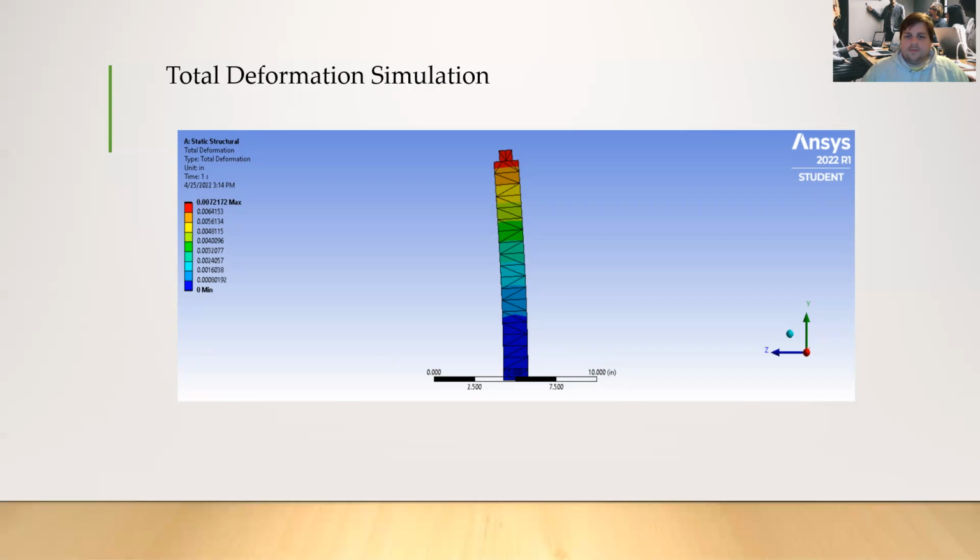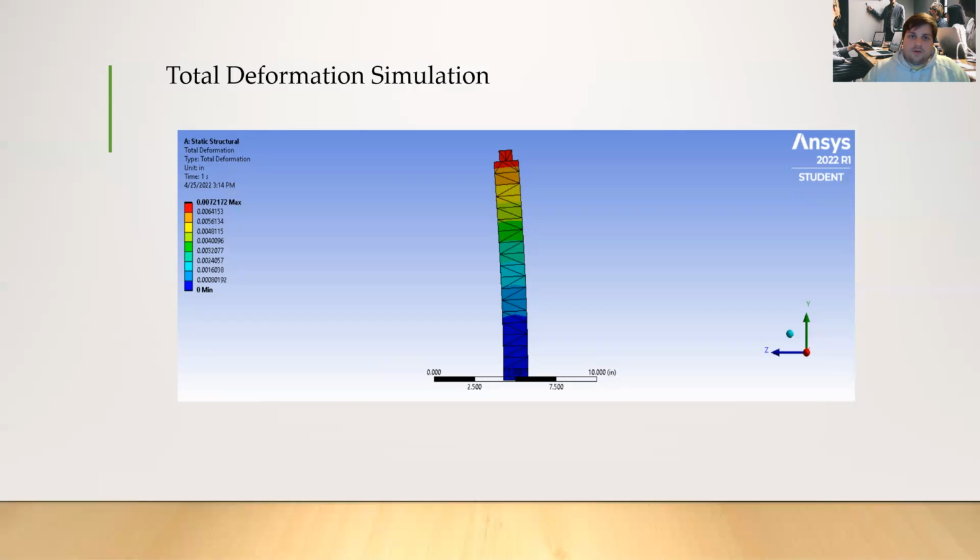I do take the simulation's calculations to be a bit more accurate than the ones that I'd done by hand. Since I was mostly focusing on the deformations, I was still curious about some other simulations.